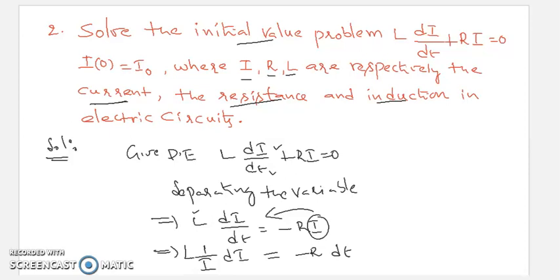L also can be transferred to this side, that is 1 by I into di is equal to minus R by L into dt.